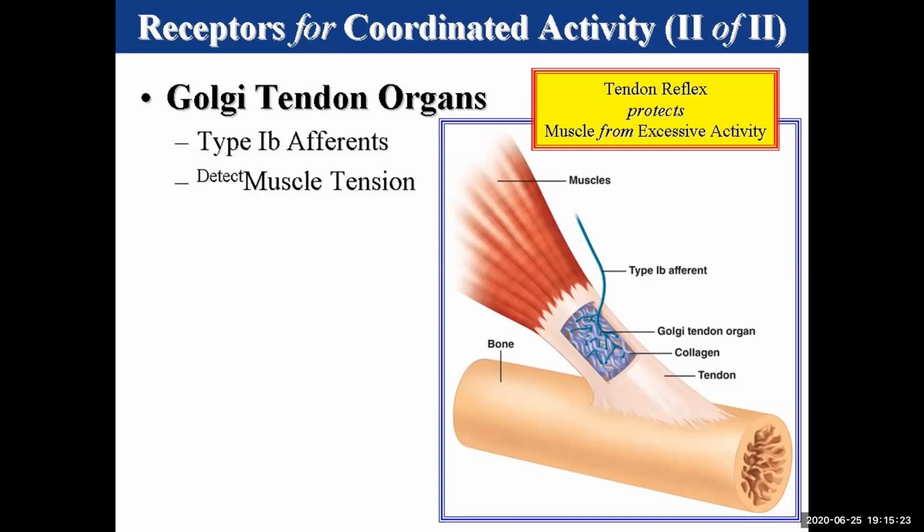The Golgi tendon organs. This system inhibits a reflex. So as the muscle is stretching out, the reflex is to contract. But under some circumstances, when that muscle is contracting or stretched so forcefully, if you contract, you will tear tissues.